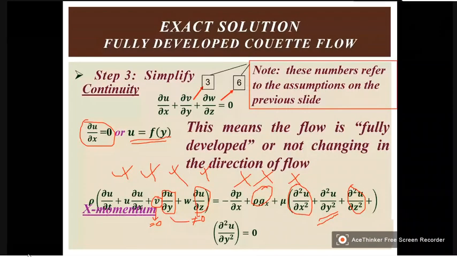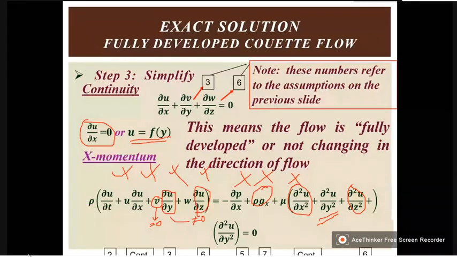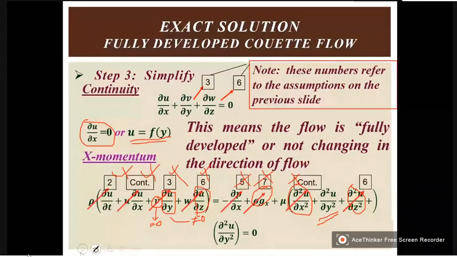So therefore, finally what we are left with, this is the one which you are left with. This is the simplified form of the momentum equation in x direction. So keep it aside.